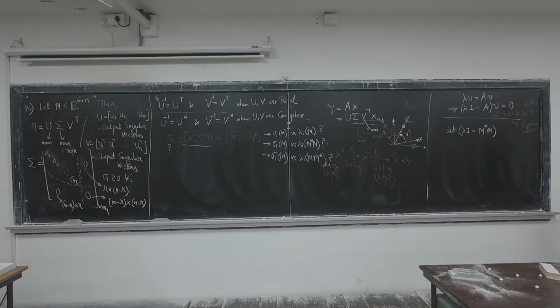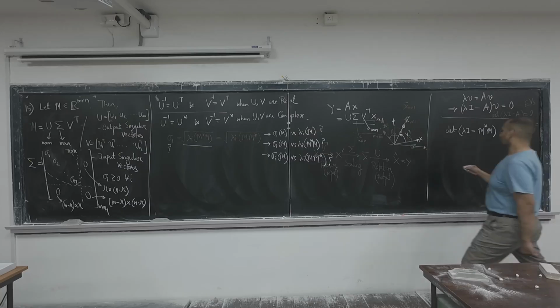Isn't it? This is for the eigenvector, this is for the eigenvalues, right? Now in the same way, suppose we do it for our matrix, then what will happen? Have you understood the platform? That is why we are trying to compute that. Let's see what happens.